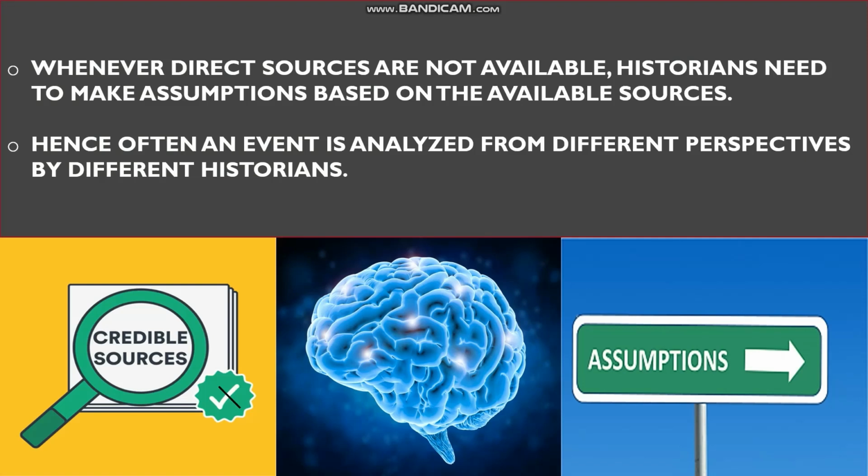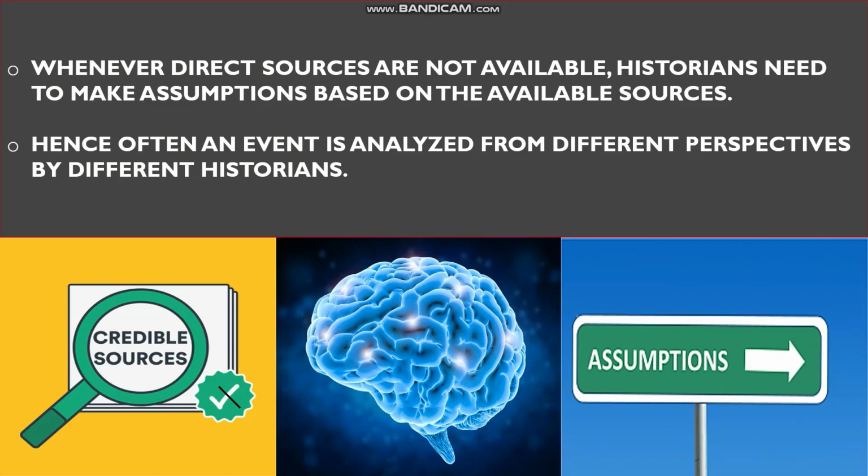Sometimes direct sources or evidence won't be available. In such cases, historians need to make some assumptions based on the available sources. Hence, often an event is analyzed from different perspectives by different historians.